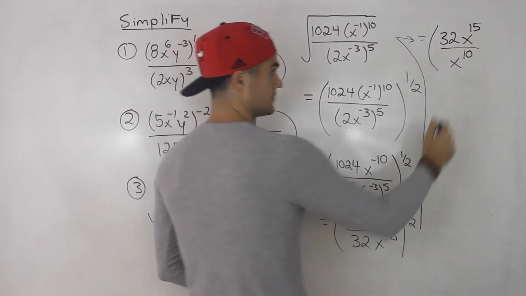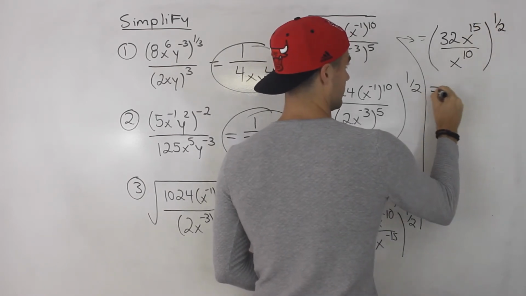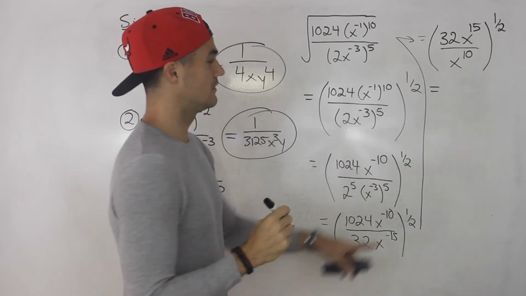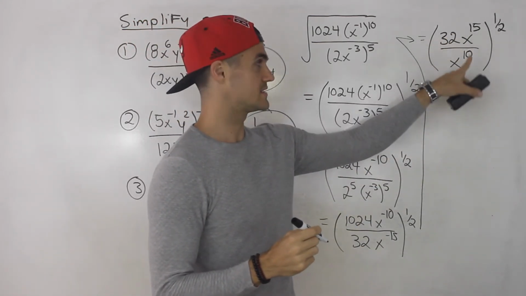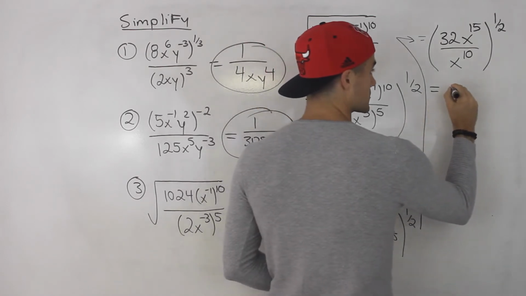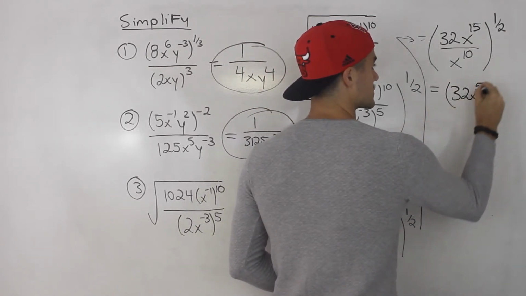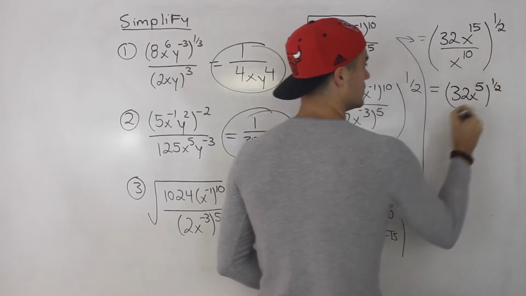I just switched these two. This is still all to the power of 1 over 2. And then 15x's at the top, 10x's at the bottom, means that we're left with 5x's at the top. So we'll have 32 x to the 5, and this is all to the power of 1 over 2.